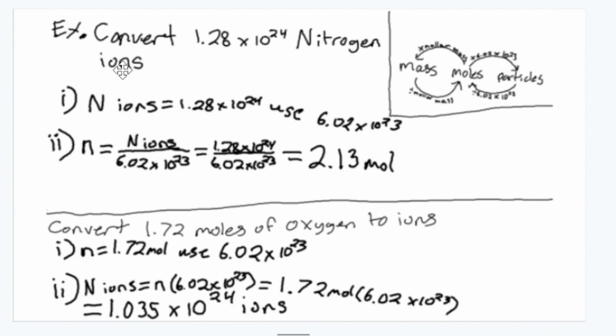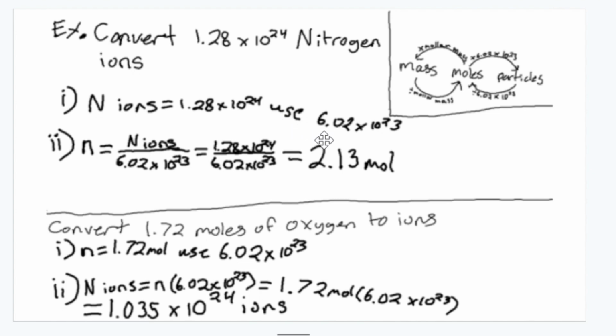Here is an example of converting particles to moles. Same thing, we state the information that we have. Nitrogen ions equals 1.28 times 10 to the power of 24 particles, or ions, sorry.